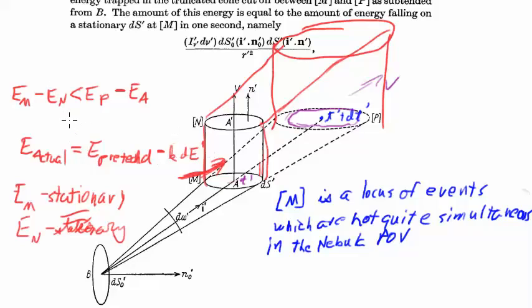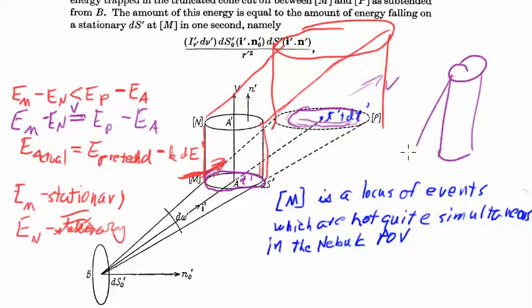Okay, let me make another case. If the velocity of this thing is straight out from here to here, then E sub p minus E sub a would be equal to E sub m minus E sub n, because you'd really be looking for the difference between the volume of a cone and the volume of a cylinder, because this is cone-shaped.